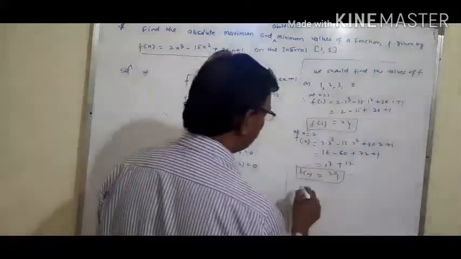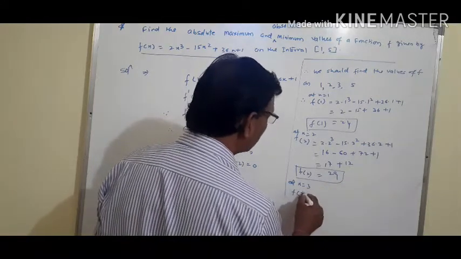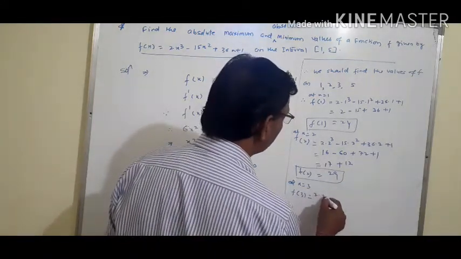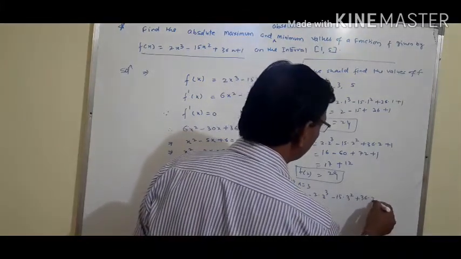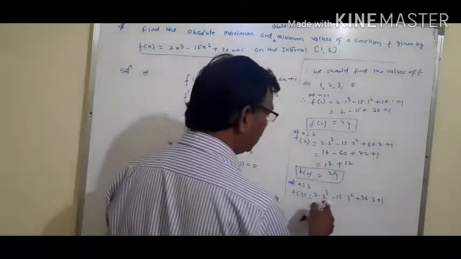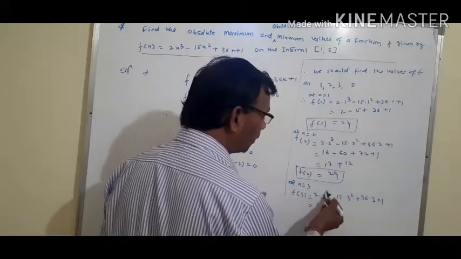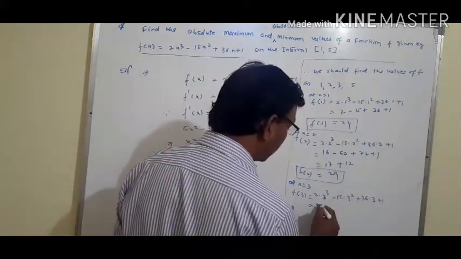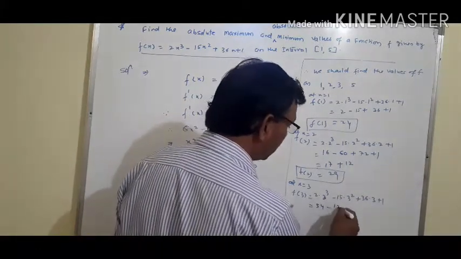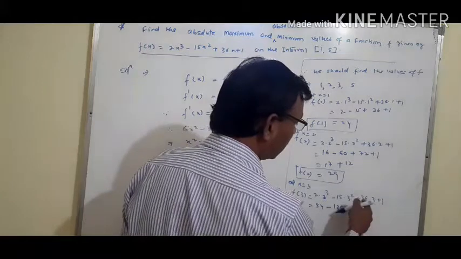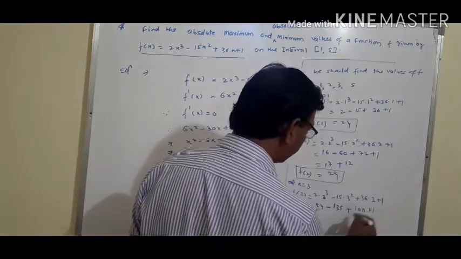Now at x equal to 3, f of 3 equal to 2 into 3 cube minus 15 into 3 square plus 36 into 3 plus 1. The cube of 3 is 27, 2 into 27 is 54, minus the square of 3 is 9, 9 into 15, 135, plus 36 into 3, that means 108, plus 1.